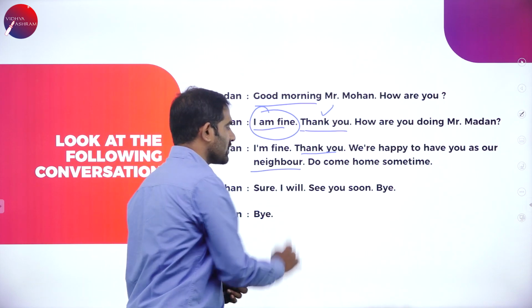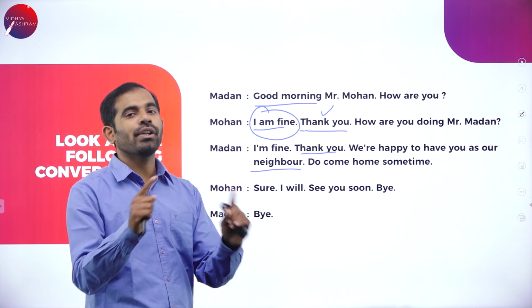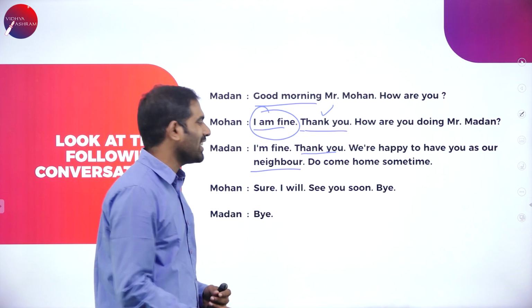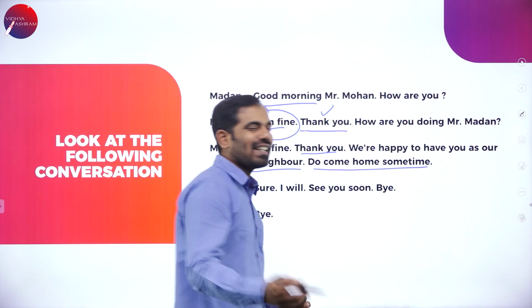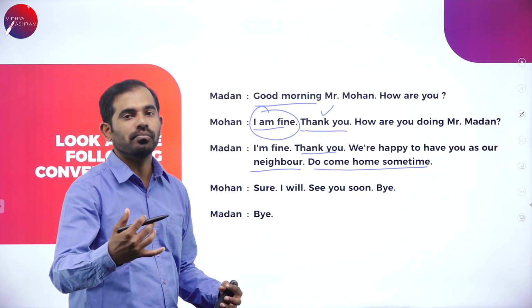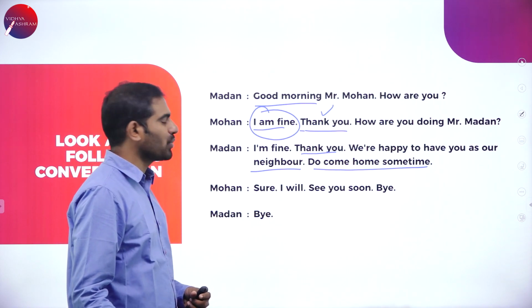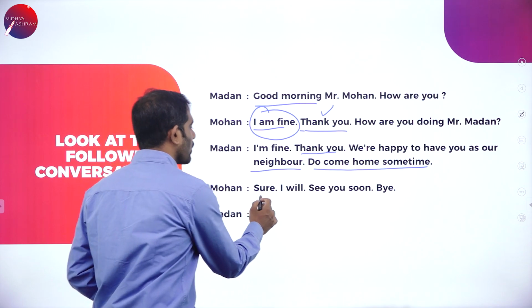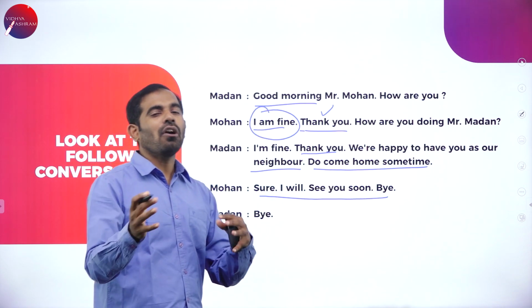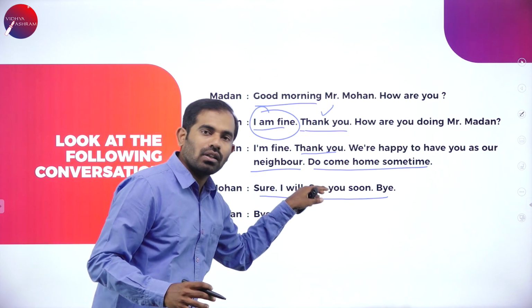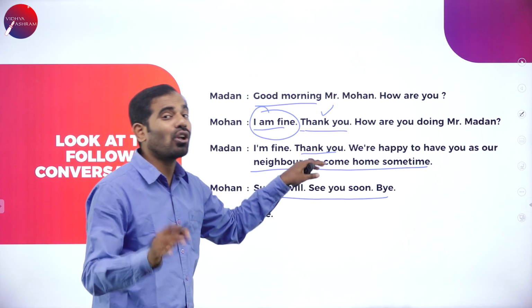So this is the conversation. The dialogue is going on between two neighbors. Do come home sometime. It's a polite way to invite somebody to your home. Mohan: Sure, I will. See you soon. Bye. Just look at this. These are just three or four simple sentences, and the language function is not complex.